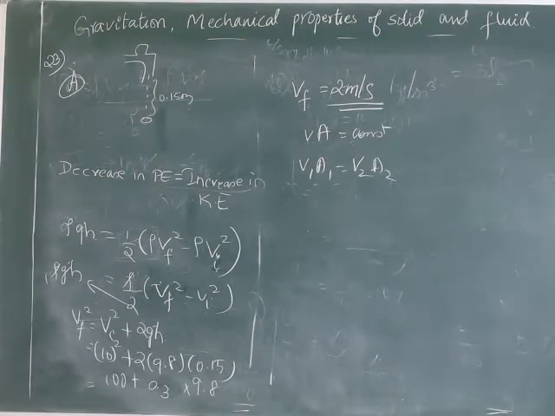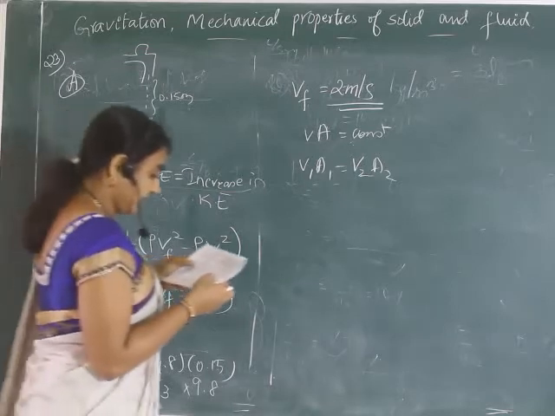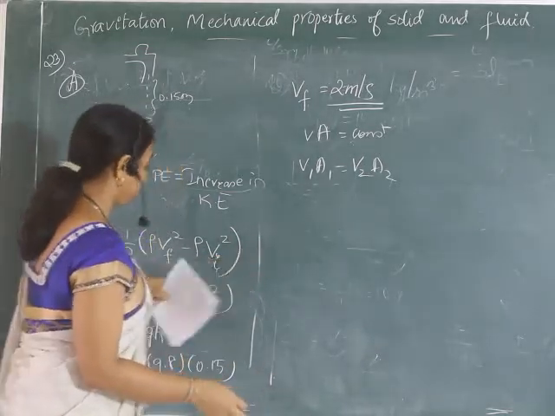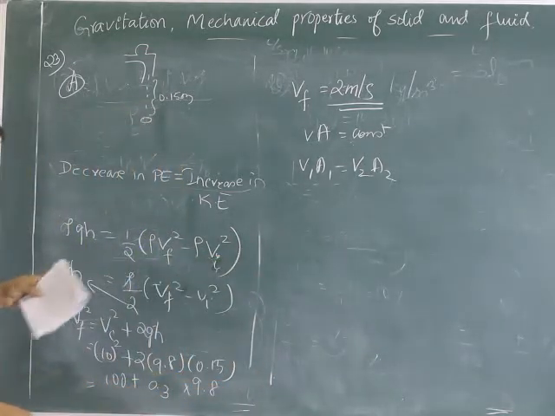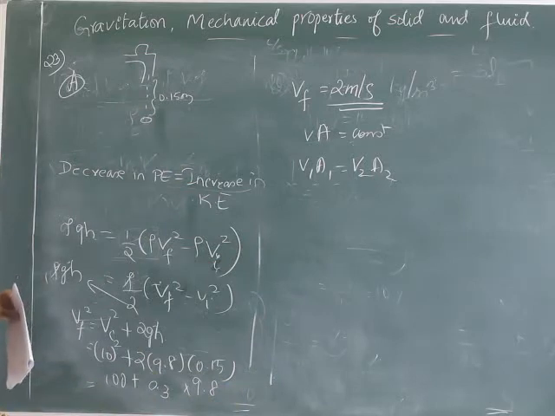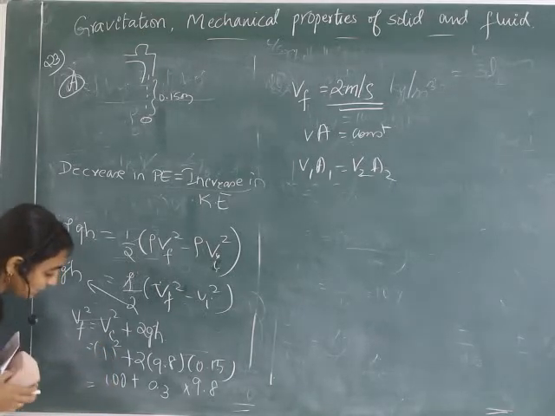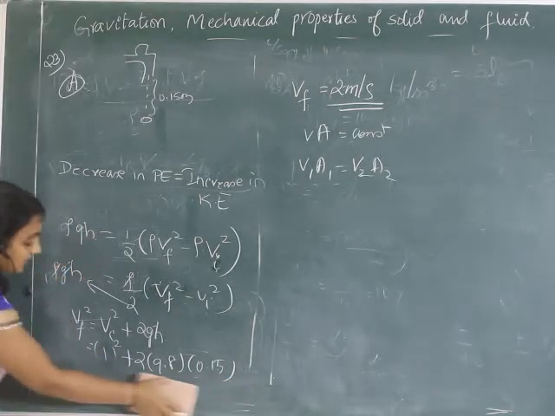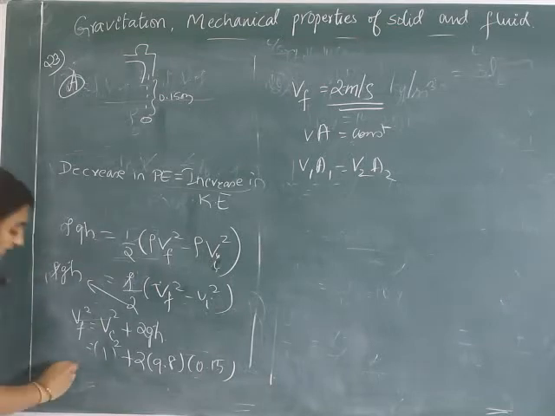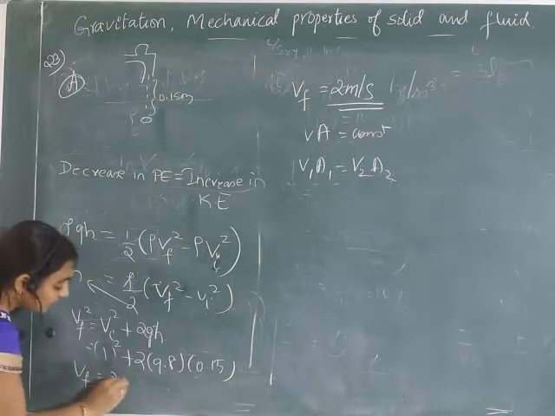Sorry, the initial velocity given is not 10, correct? It is 1 meter per second, 1.0, 1 meter per second. So the answer we get here is 1 square, and Vf is equal to 2 meter per second.